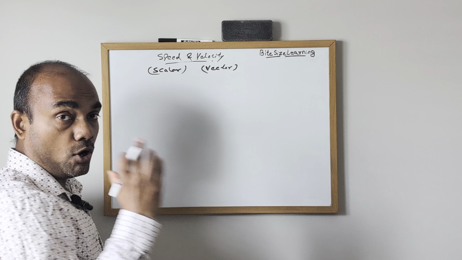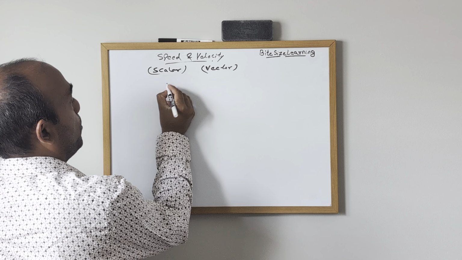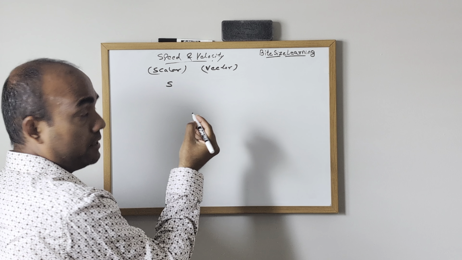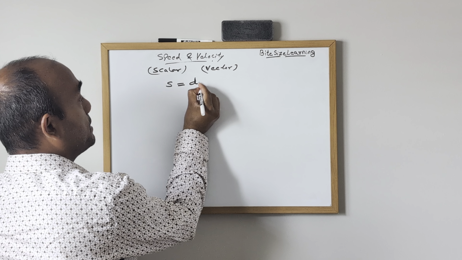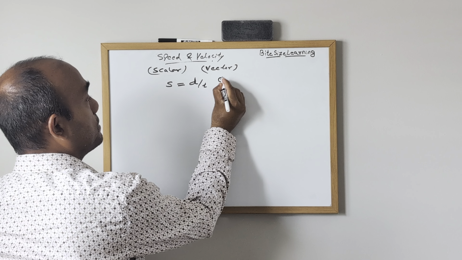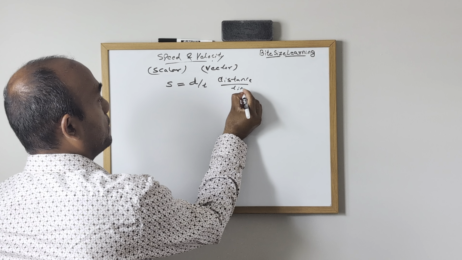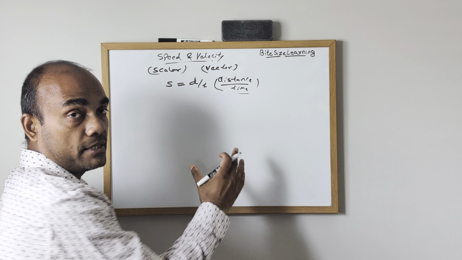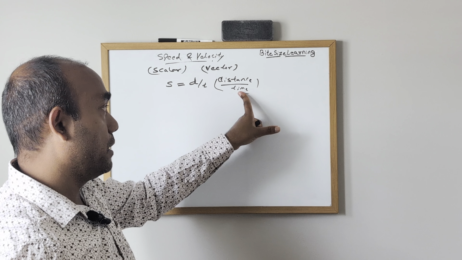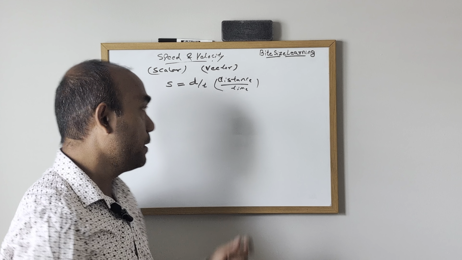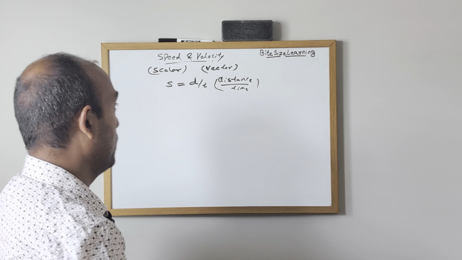So now let's talk about the formula. The formula of speed is S, that is speed, is equal to distance upon time. So d is distance and t is time. So how much distance is traveled in how much time, right? That is the formula of speed.